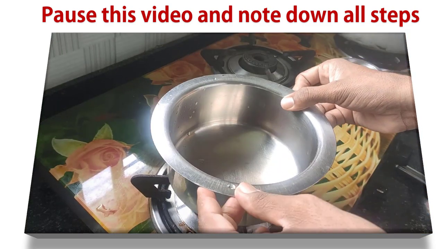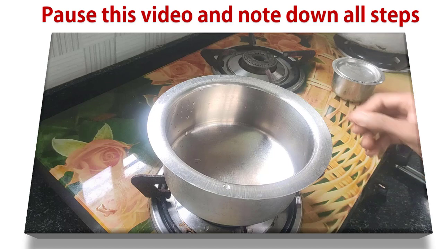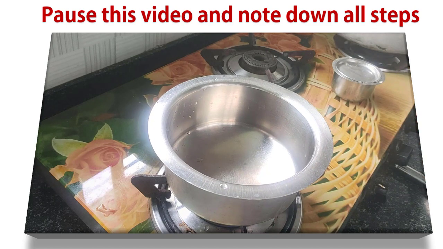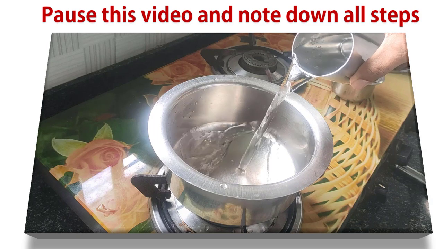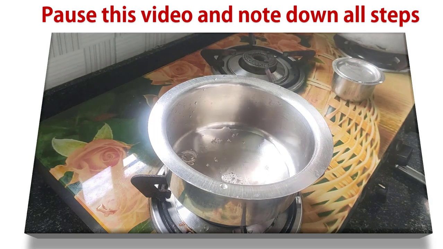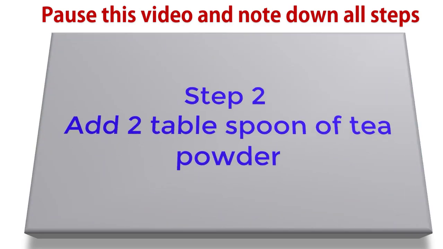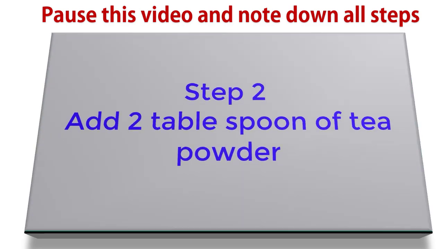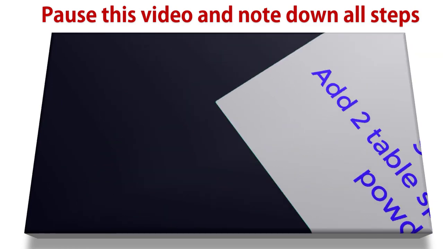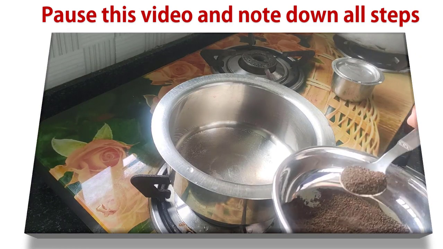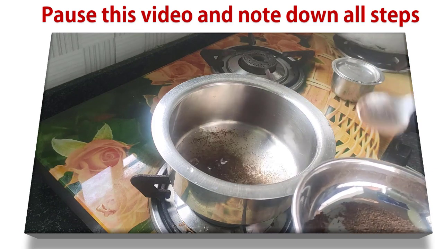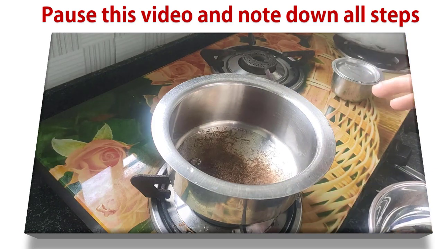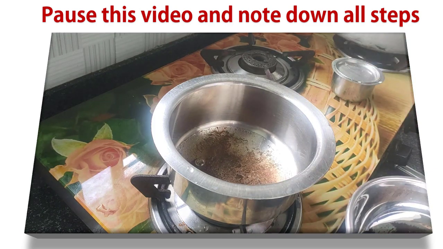First, keep the pot on the flame or on the gas. Then pour 1 cup of water. Then add 2 teaspoons of tea powder. And now see, the color of that water is changing.